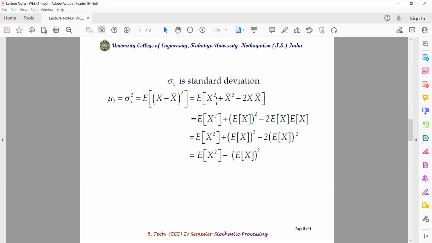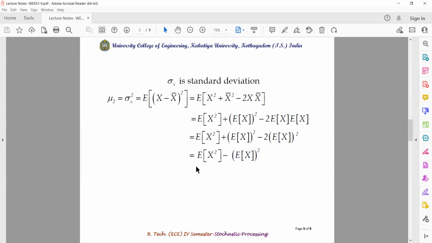First parameter is expectation of x square. Second parameter is x bar, which I have written here as E of x whole square, minus 2 x bar, where x bar is a constant written as E of x. So we get E of x square, plus E of x whole square, minus 2 E of x whole square.